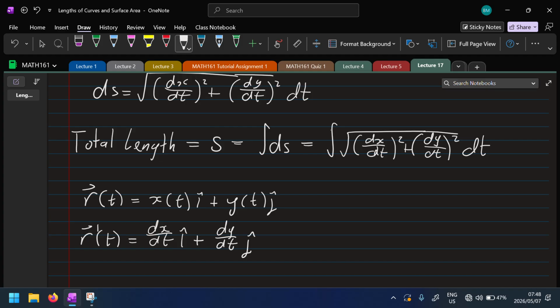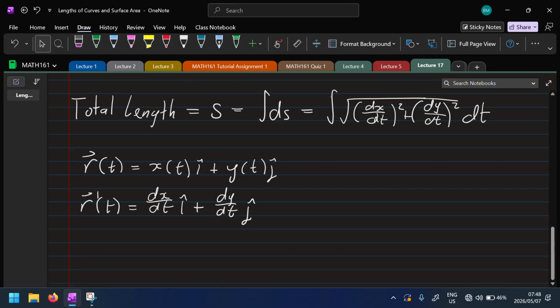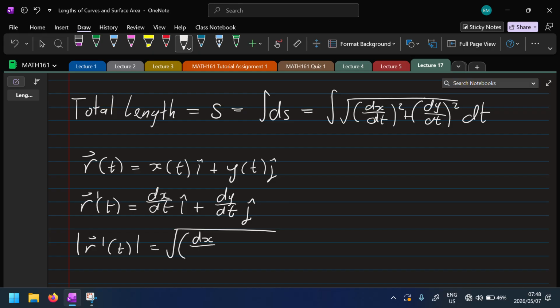And then the length of the velocity vector, or in other words, the speed, is given by the length of this vector.